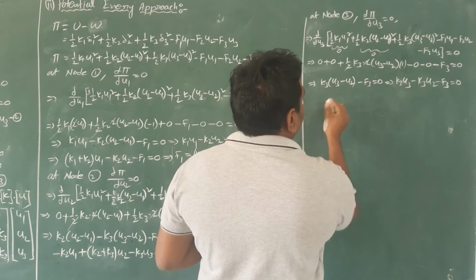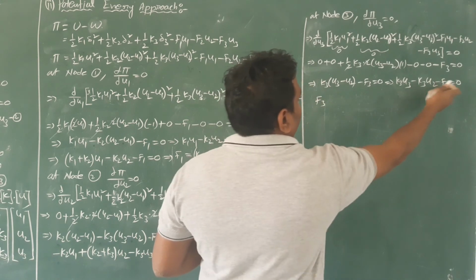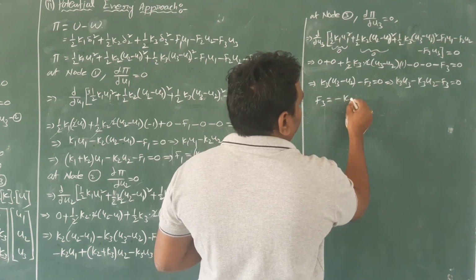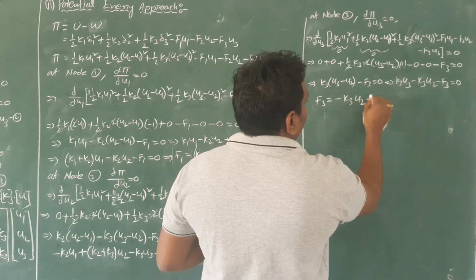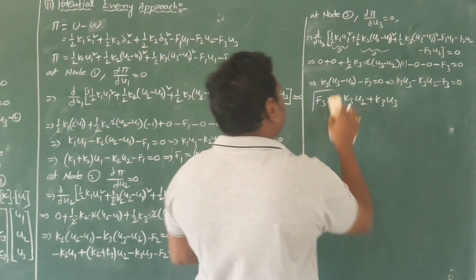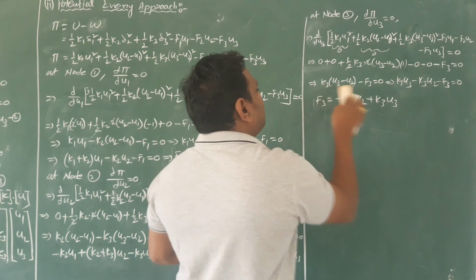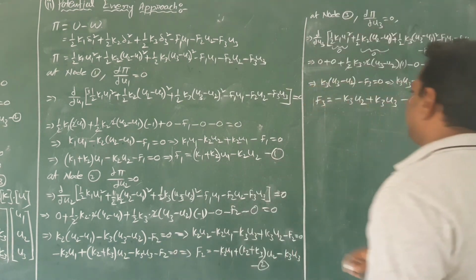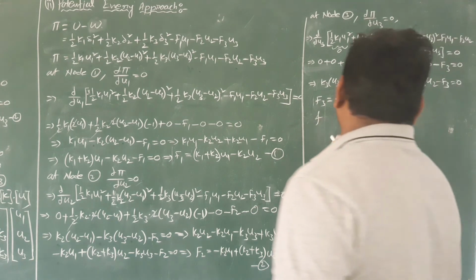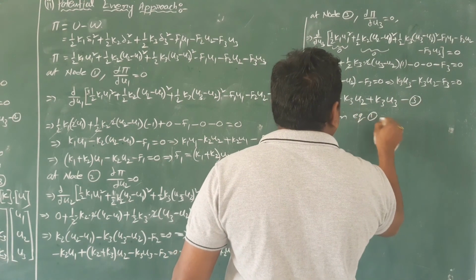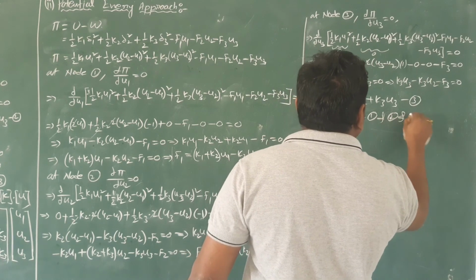This equation will become f3 equal to minus k3 u2 plus k3 u3. Okay, this is the third equation, from equations 1, 2 and 3.